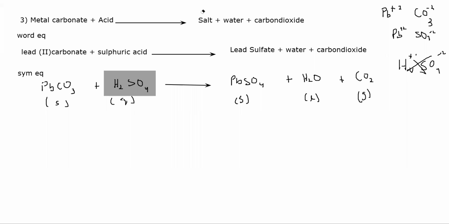So metal carbonate reacts with acid. This will result in the formation of salt, water, and carbon dioxide. How to obtain a salt from this technique, if we have metal carbonate basically?